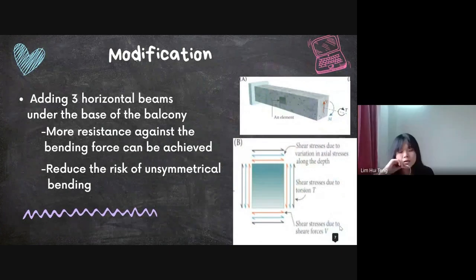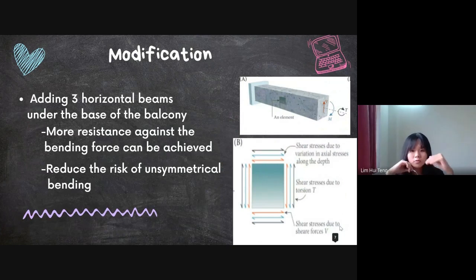For me, I think we can add 3 horizontal beams under the base of the balcony because it will make the base of the balcony supported by 3 horizontal beams become stronger and more resistant against the bending force. Therefore, by doing this, it will enhance its strength and resistance to bending based on the concept of moment of inertia.